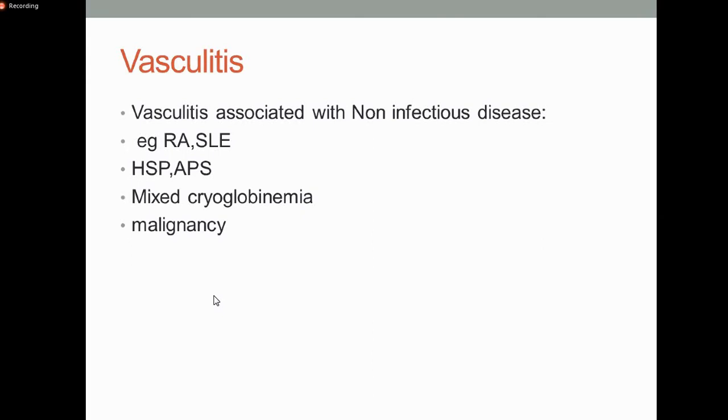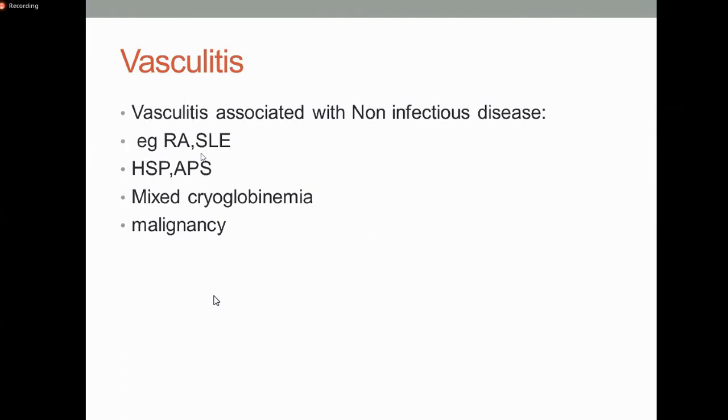like granulomatous, non-granulomatous. Similarly, there's another type of classification. This is vasculitis associated with non-infectious disease, like in cases of autoimmune disease. We already discussed rheumatoid arthritis earlier, but this can be used as a certain type of classification other than what we have covered in the earlier slides.